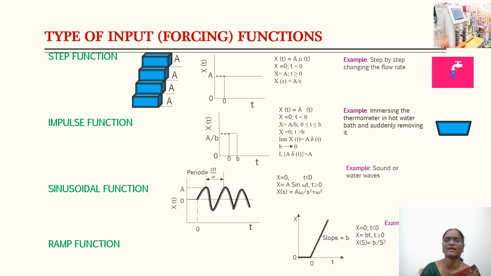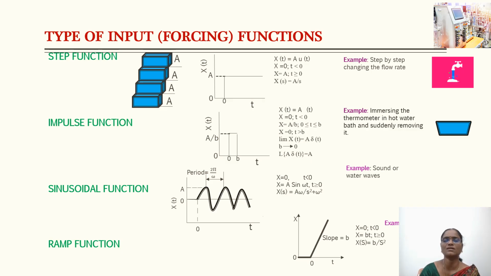You can see it in the graph. A is the magnitude, and B is this distance, so we take A by B. Now what is delta of t? The delta of t is the impulse function, the time-independent function, and it is denoted by delta of t.